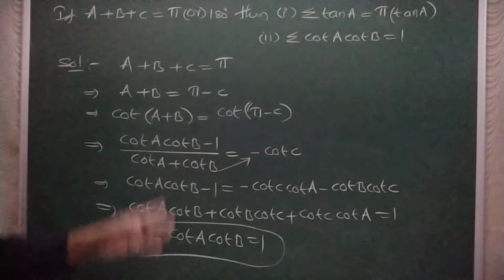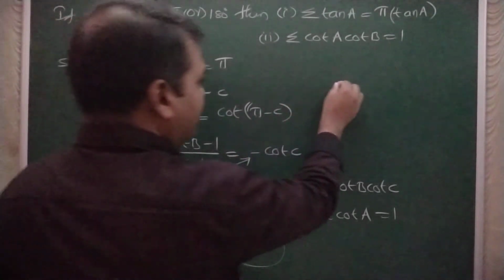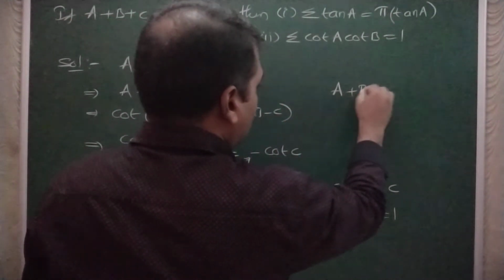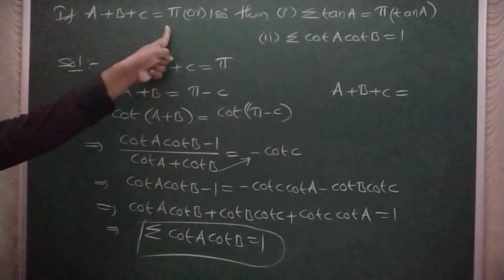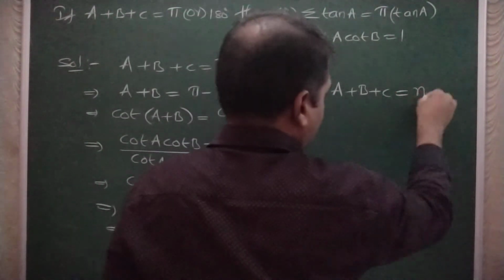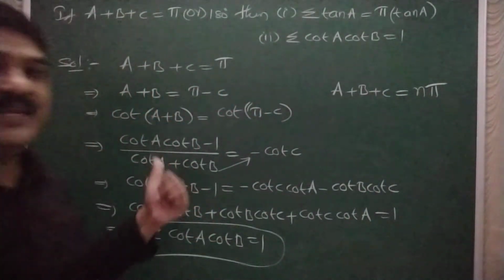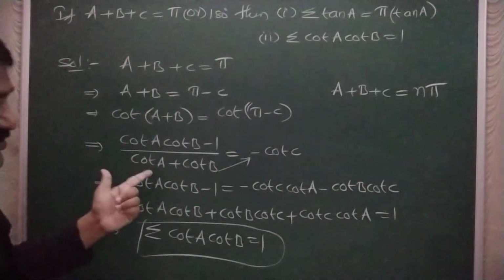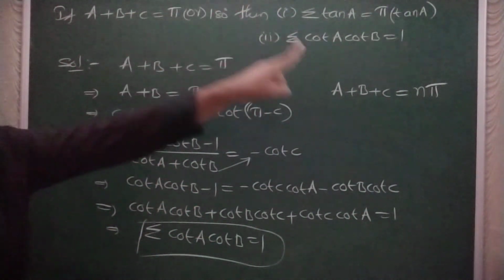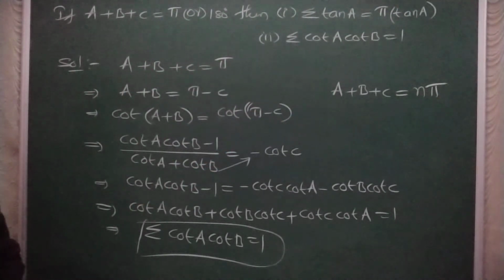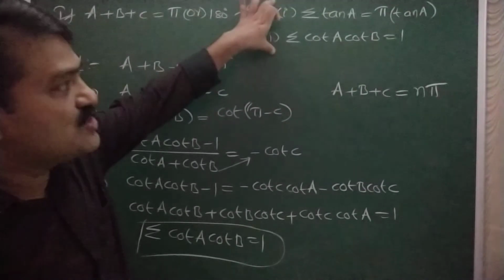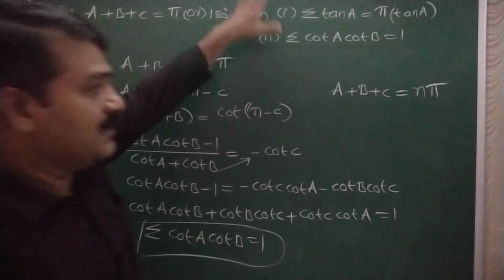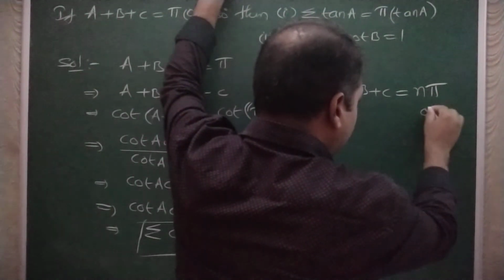So actually this result will hold for a plus b plus c equal to any multiple of pi. This result will be actually correct for any multiple of pi. So when a plus b plus c is any multiple of pi, these two results are applicable. Any multiple of pi means what?